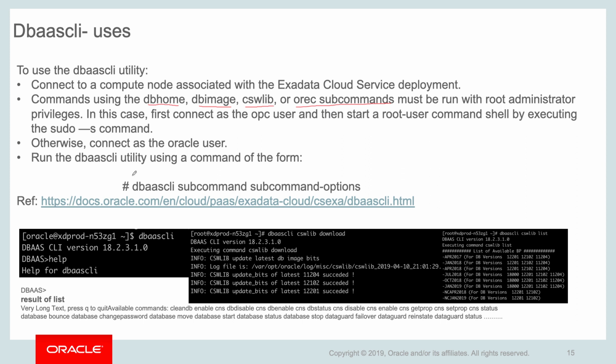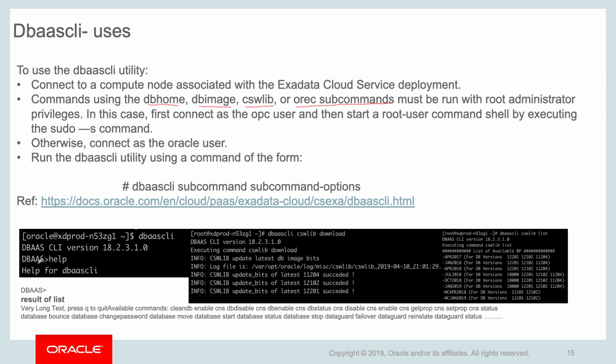The Dbaascli command basically takes a subcommand also, and this particular link is going to discuss more on this. Here in this example, we'll cover a few of the use cases. For getting to the Dbaascli console, the only thing you do is type in dbaascli, and it provides you the prompt, and then there are several operations which we were discussing that it supports.